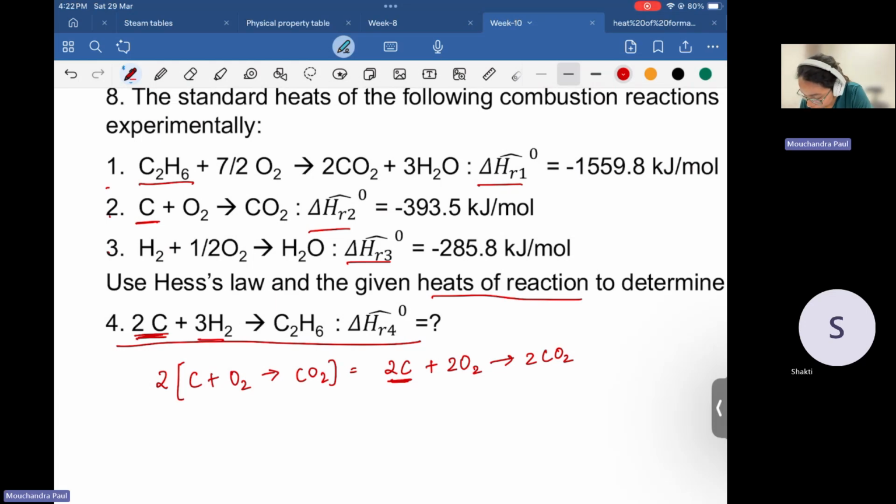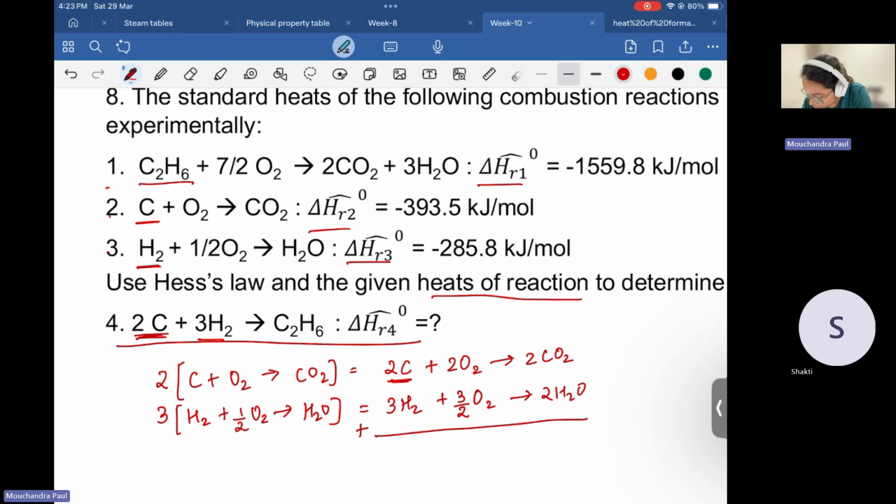Then H2 is present in reaction 3. So if we multiply 3 with reaction 3, you should get 3H2 plus 3 by 2 O2 plus 3H2O.